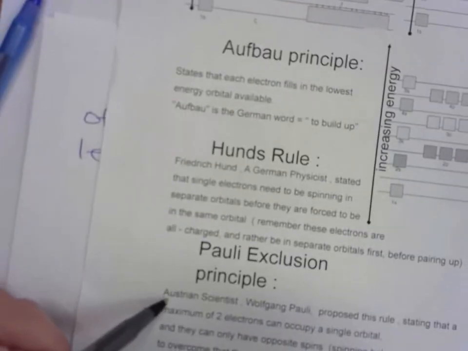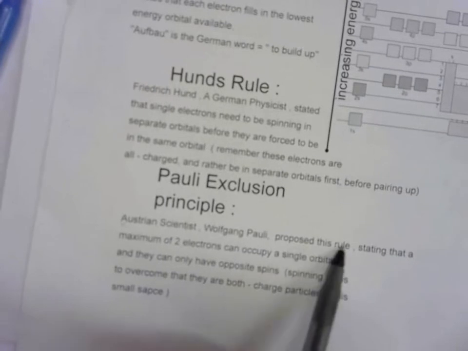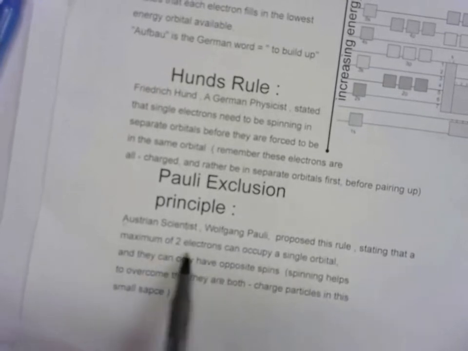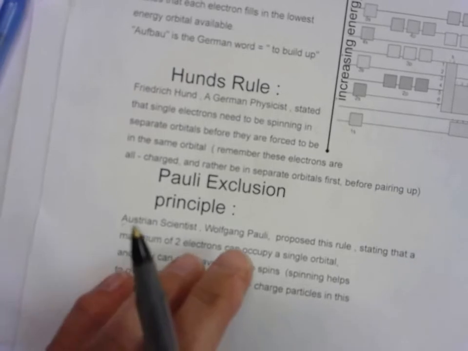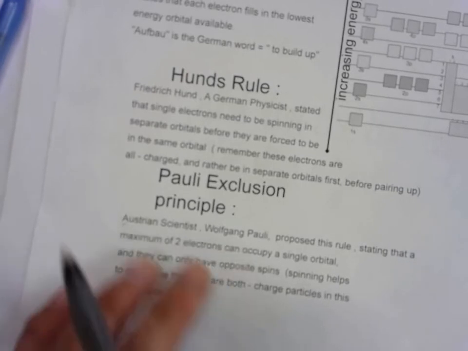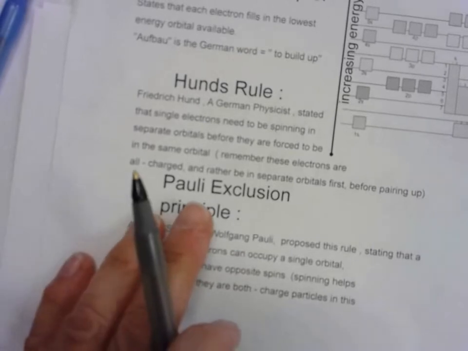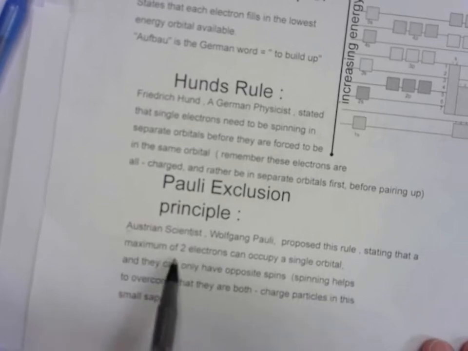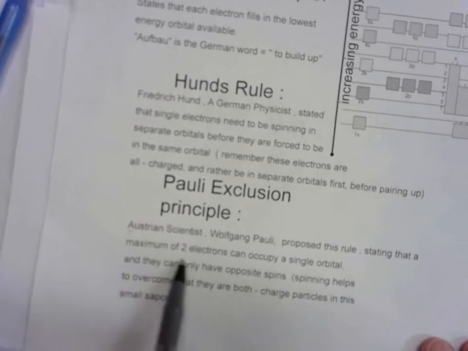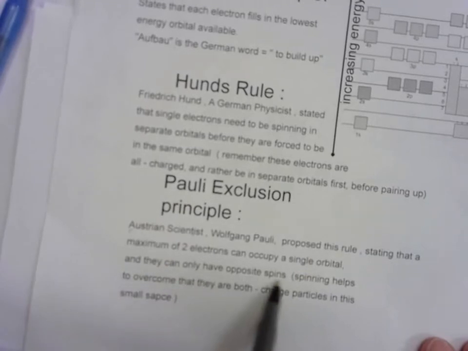Another European scientist from Austria, Wolfgang Pauli, proposed this rule, stating that a maximum of 2 electrons can occupy a single orbital, and they can only have opposite spins.